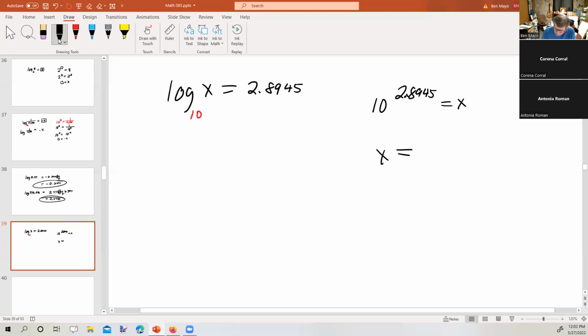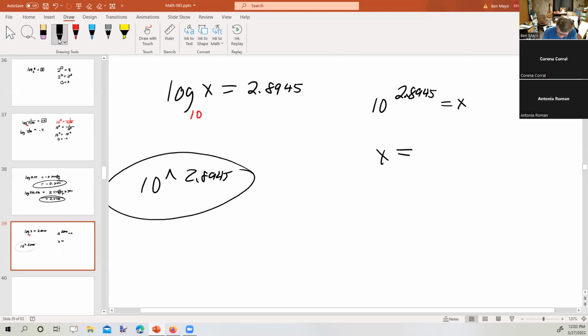Now, there's 2 different ways I can enter a 10 raised to some power. I can use the way we would have used before, 10, the little caret key, and then 2.8945. Or notice the LOG button. The second function key is 10 to the x.